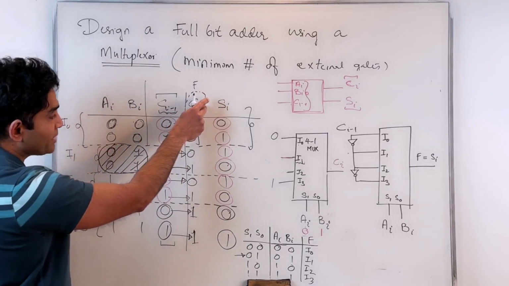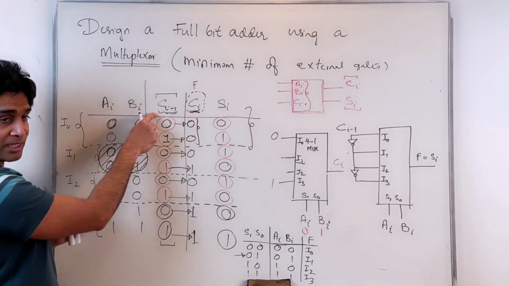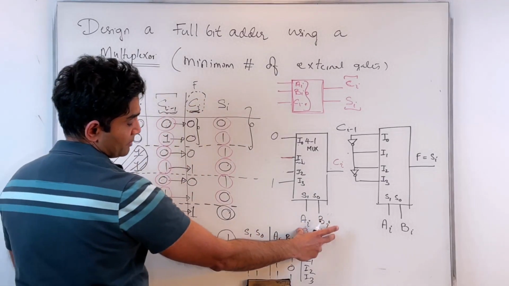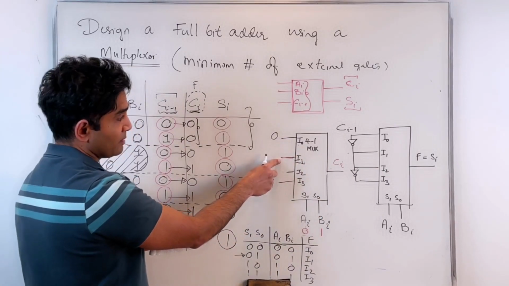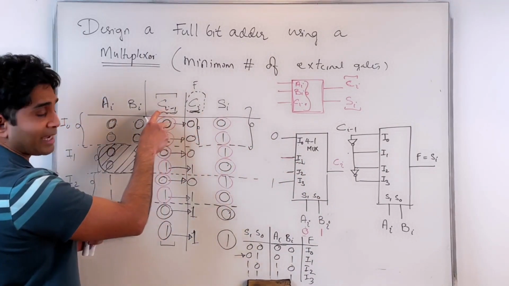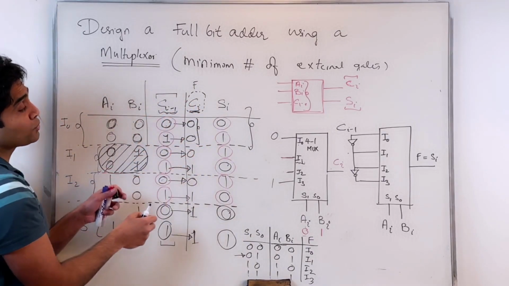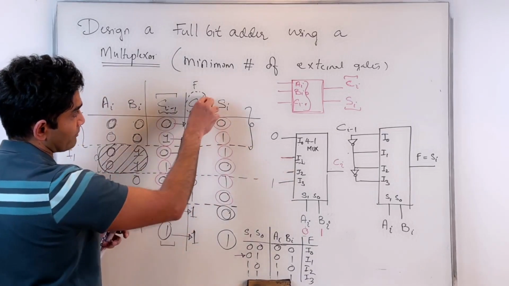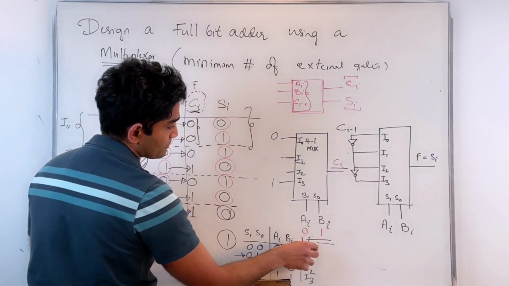Now my Ci only depends on Ci minus 1, because that's the only other input that we have not considered. These are fixed here. This is not really fixed yet. What we apply here depends on Ci minus 1 only, right? Now, what should I be applying on this? Again, going from the truth table, to get the right Ci for this condition.